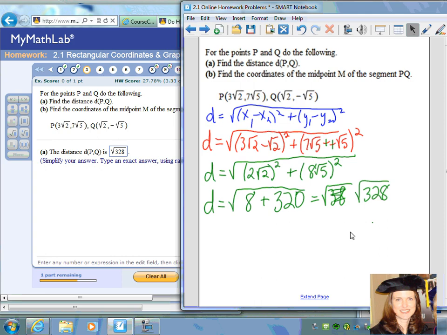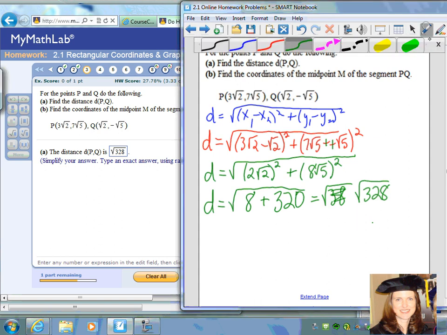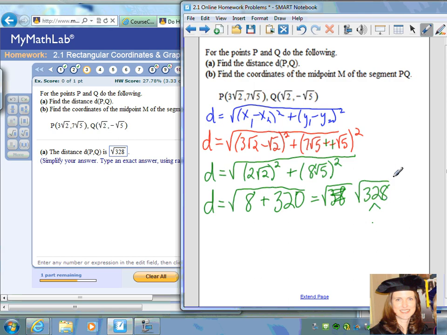There is another way we can write the square root of 328 by determining if there are any perfect squares. When you try to simplify the square root of 328, you want to find a perfect square that goes into 328. The largest perfect square that goes into 328 is 4. 328 is the same thing as 4 times 82.